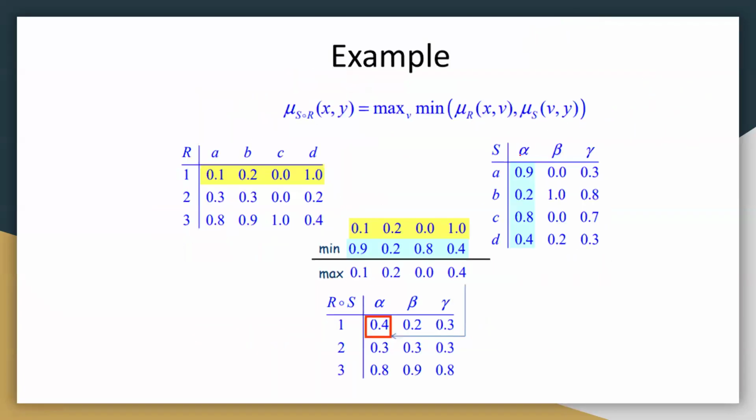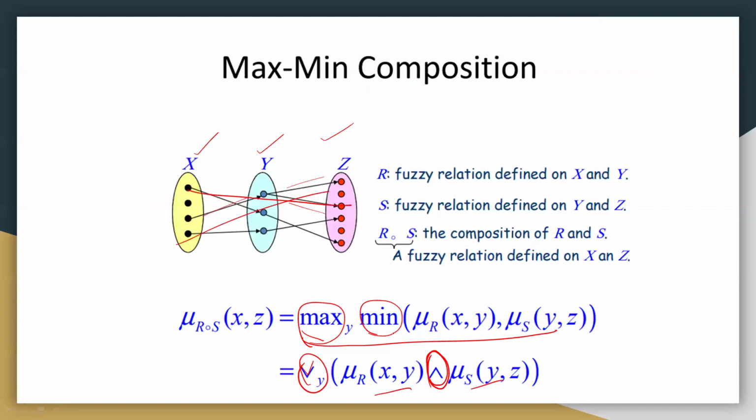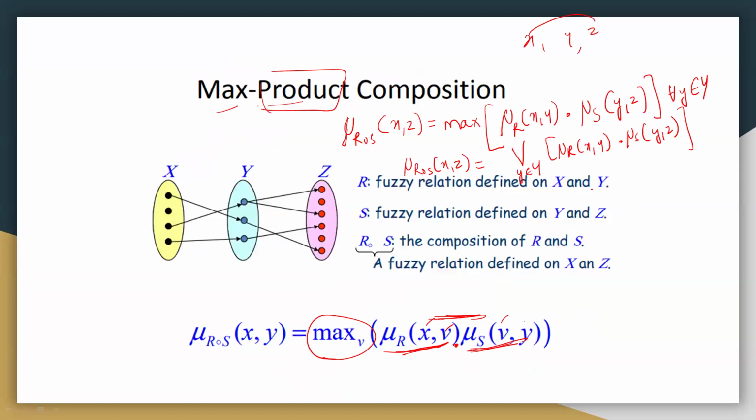Like we had a different notation with the union and intersection that you saw earlier, the same thing is done here also. Here we do not have the intersection. Instead we have the product, and then we take the maximum of that. So we look at one example. You'll understand it better.